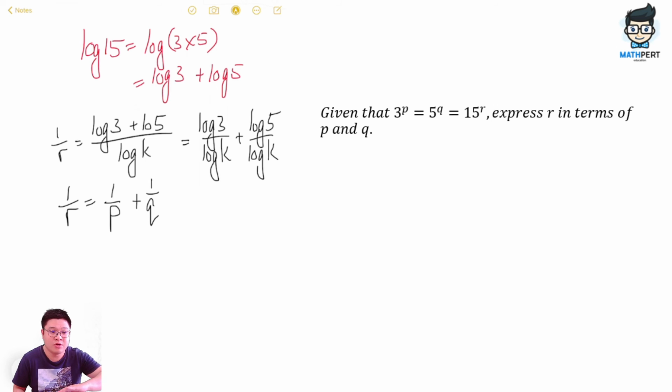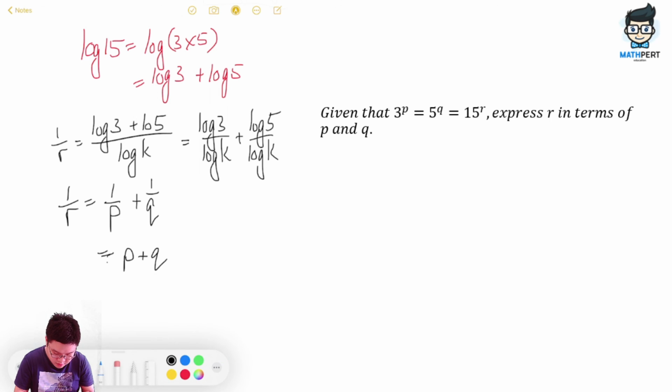So we need to change it a bit. Okay, we turn it upside down again. So before we turn it, we need to make 1 over p plus 1 over q into one single term. Meaning, they need to have a common denominator. So the common denominator will be, sorry, not p plus q, it's pq.